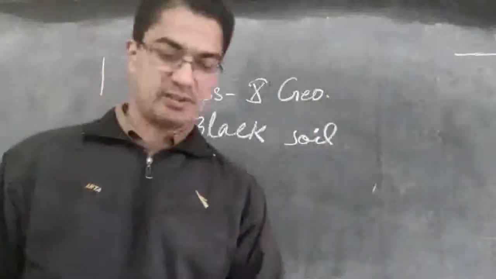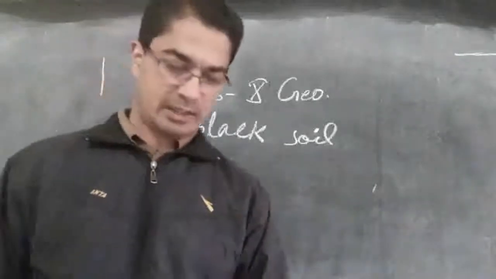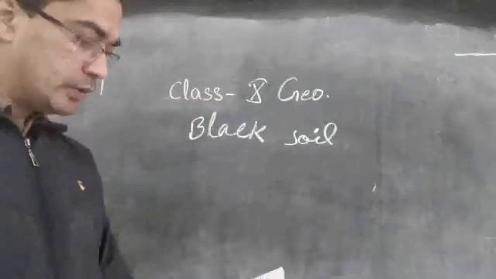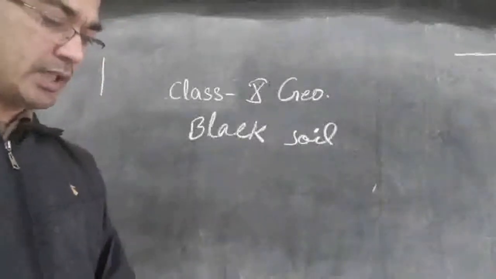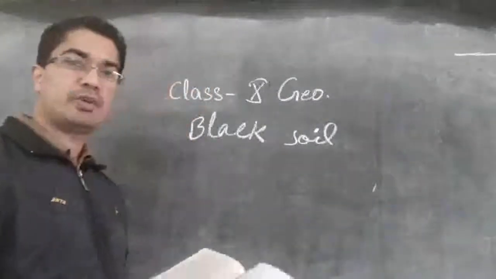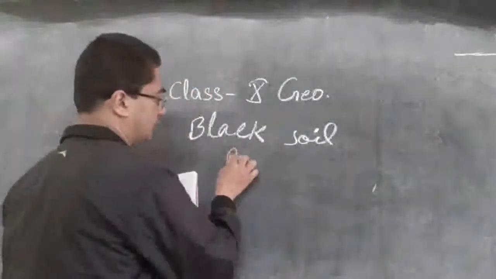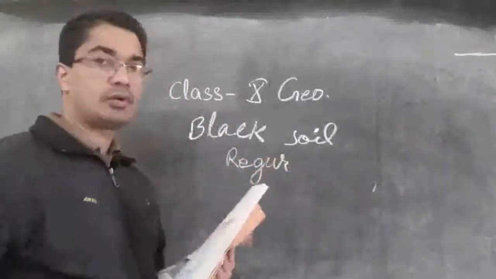So what is black soil? From the name itself we can understand that the soil will be black in color. So these are soils that are black in color and are also known as regur soil. Another name for black soil is regur.